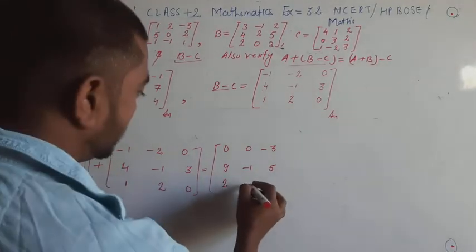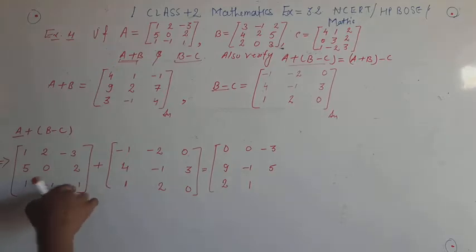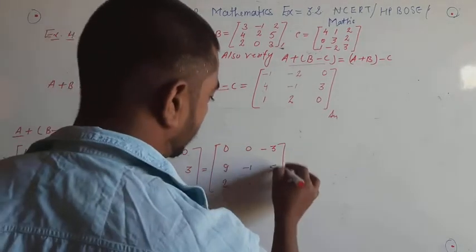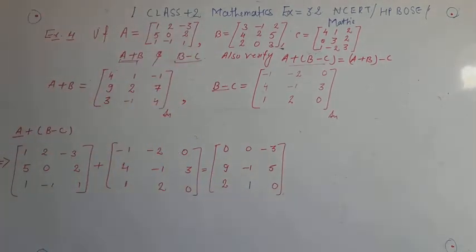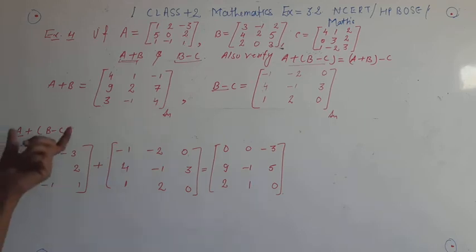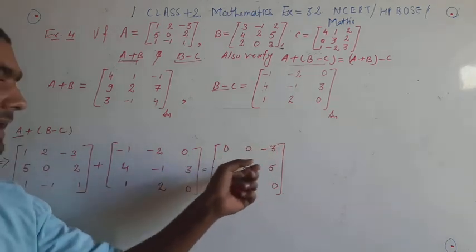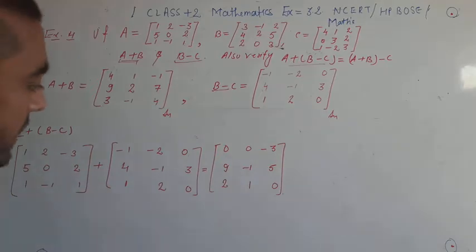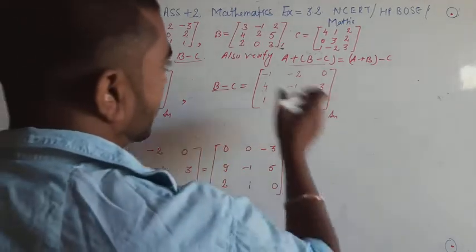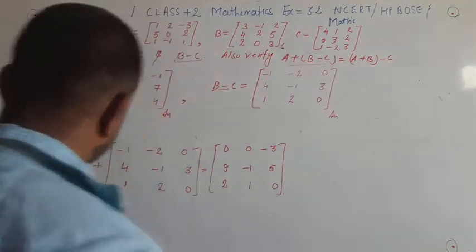Minus 1 plus 2, 1. 1 plus 0, 1. Here you find that the answer of A plus B minus C is 0, 0, minus 3, 9, minus 1, 5, 2, 1 and 0. Now the other result is given here.